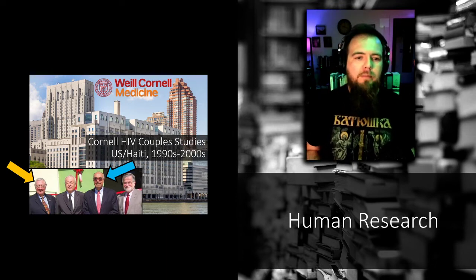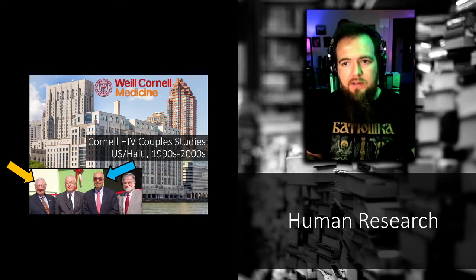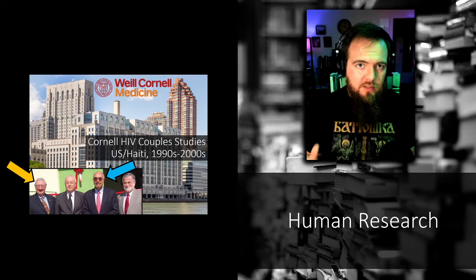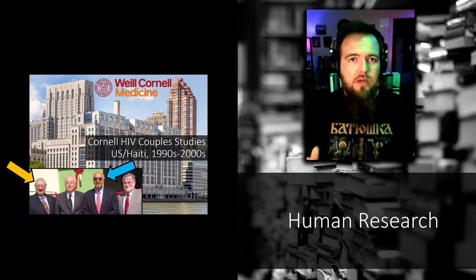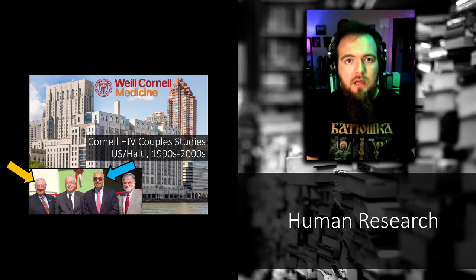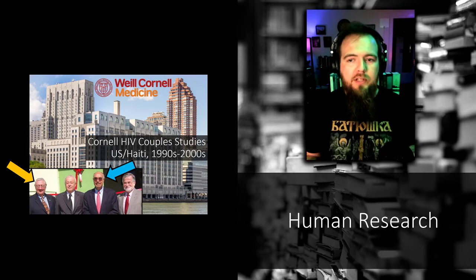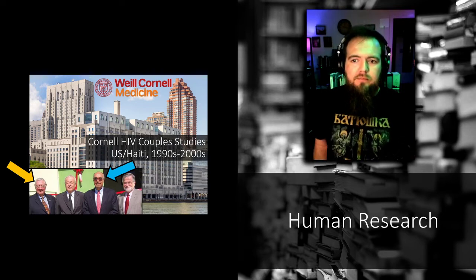So, I'm not trying to throw too much shade to these guys, but I am saying they know the details of this. And this is why the textbook tries to use this example, because it is a case of Cornell, which has billions of dollars. Top class physicians come out of this college, and they're sponsoring research doing this particular thing.